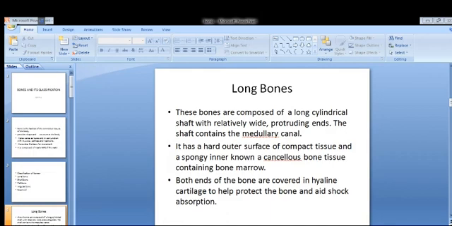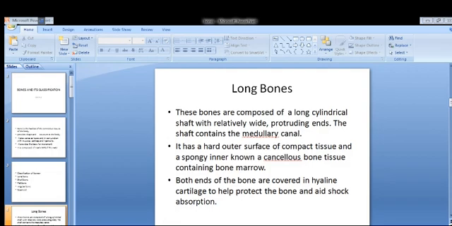In the legs, we have the thigh and the foreleg, and we have the upper arm and the forearm. So these form the upper and the lower extremities, and most of the movements which we are performing are with the help of these long bones.